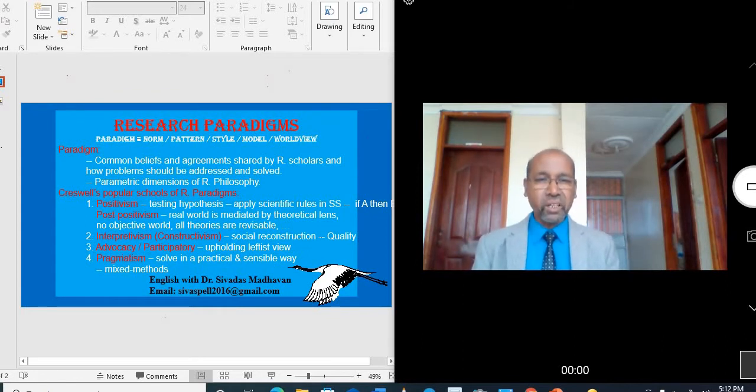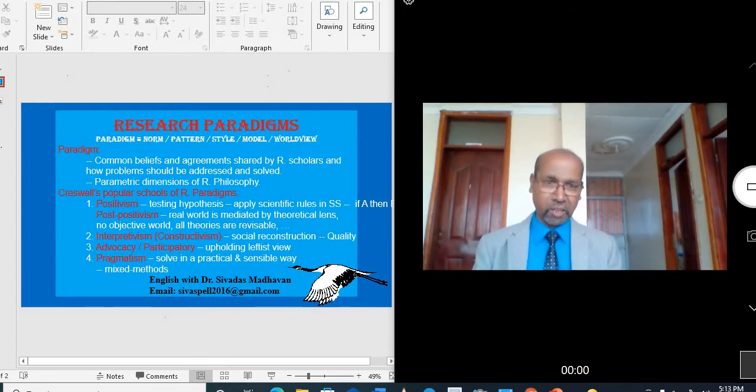Qualitative research looks into the ideas, views, etc. And these ideas and views, taken as data, will be interpreted. Interpretivism means constructivism. They are constructing. After considering the rules and views of people, they reinterpret and construct the ideas. That is constructivism, social constructivism.